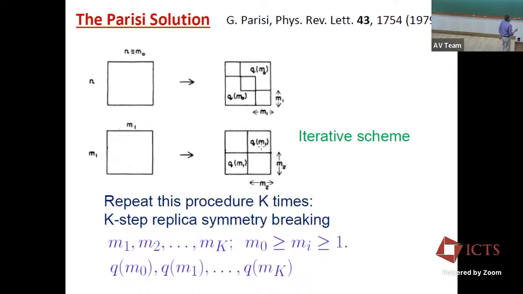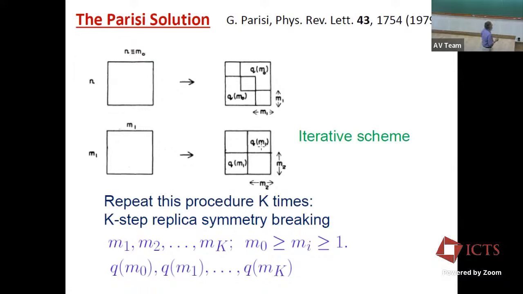So this is an n by n matrix. And now you say that you have these blocks. Each block is M1 by M1. Let's say M0 is n, the original dimension. To appreciate this, you have to think of a situation where this n is a large positive number.